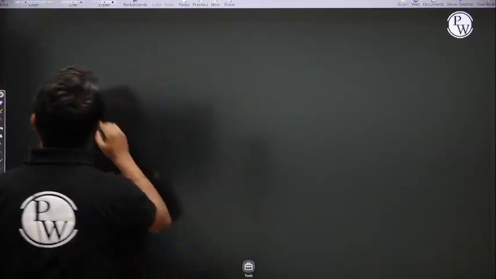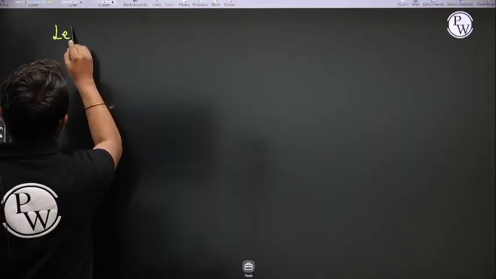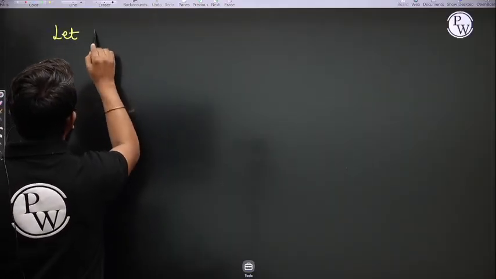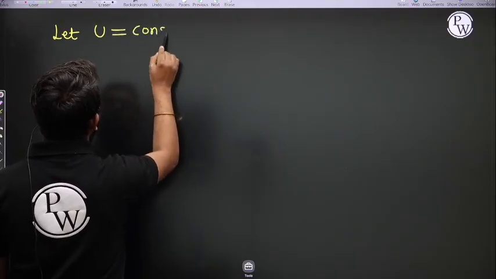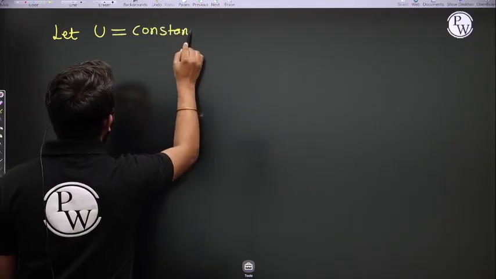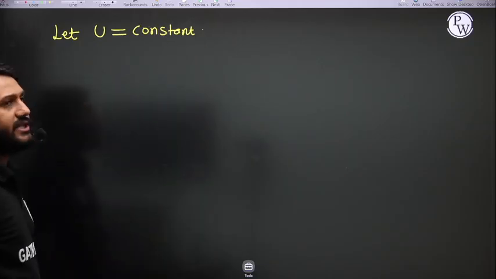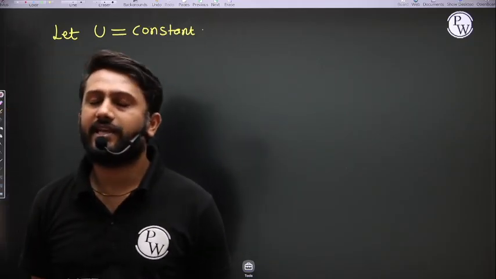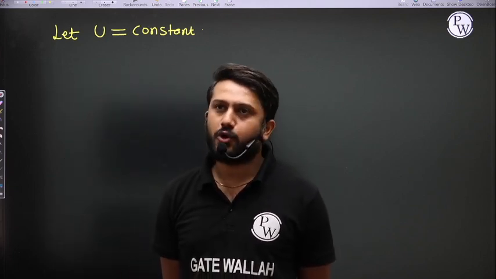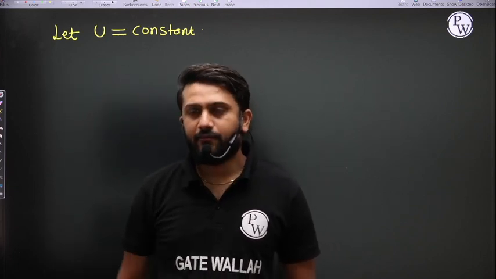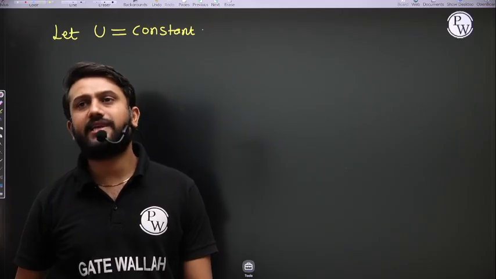Next slide. Let U, the overall heat transfer coefficient, also be constant. The overall heat transfer coefficient is also the same, constant in both cases. Then what is the relation between the heat transfer?